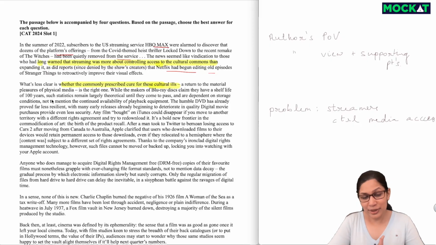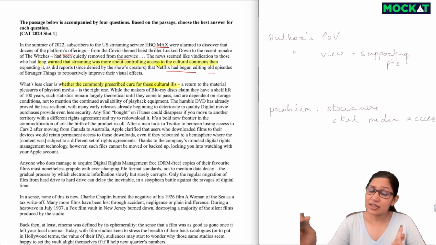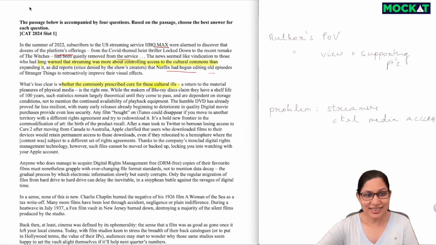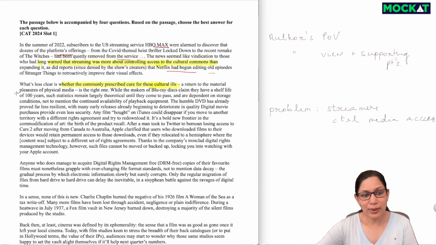Blu-ray discs may or may not last for a century, especially seeing that the DVD has not lasted. If you switch geographies, you might lose access to even something that you have paid for. And even if you get some rights-free content, either the content might decay or corrupt, or those file formats simply might not work later. So in a sense, these entire two paragraphs are telling us that we don't have any other solution.